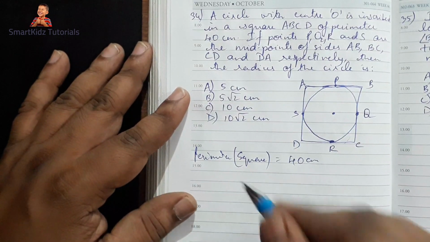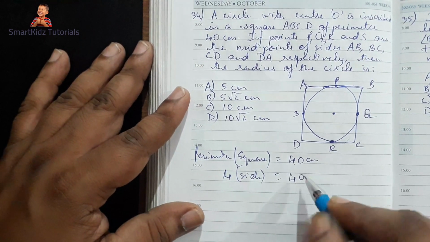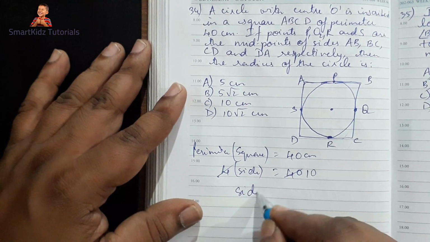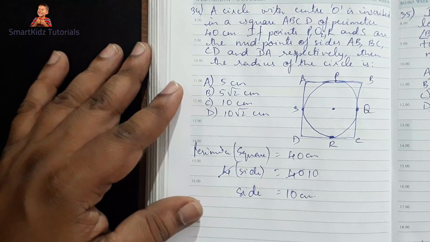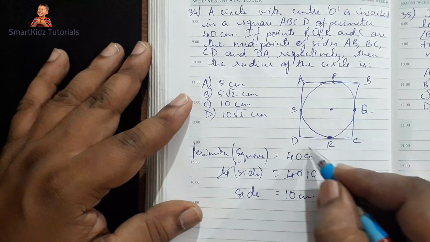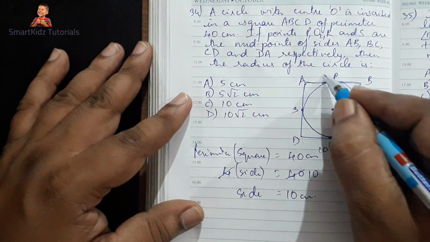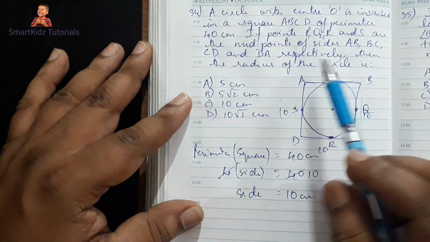But we know perimeter of a square is given by 4 times the side, right? So that is equal to 40. Cancel this, 4 tens are 40. We get each side will be equal to 10 centimeters. Remember, the sides of a square are equal to each other. So this full thing is 10 centimeters, this full thing is 10 centimeters, this full thing is 10, and this full thing is also 10 centimeters.